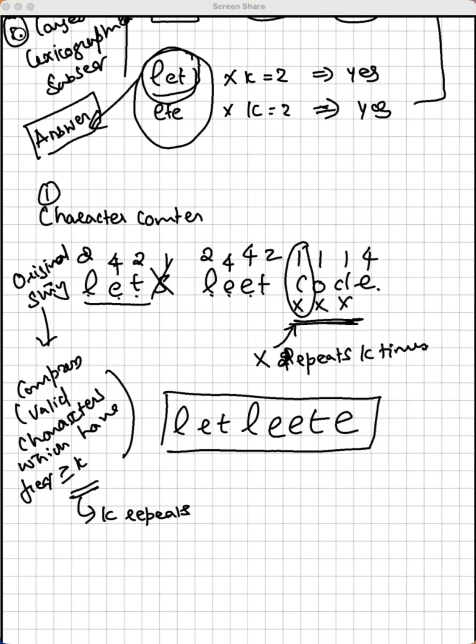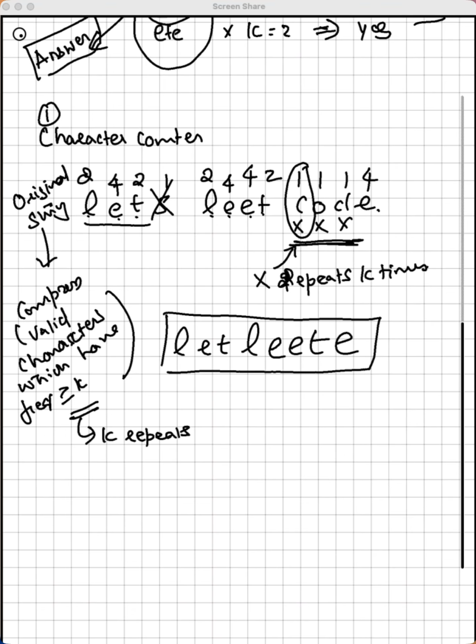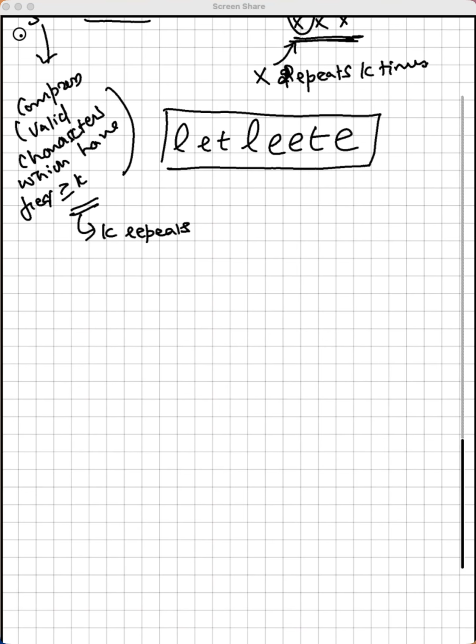Now, using this new string, I need to find all of the subsequences that repeat k times, and of that I need to get the longest subsequence and the subsequence which is in lexicographically largest order. Because we also want lexicographically largest order, why don't we take the uniques from here?